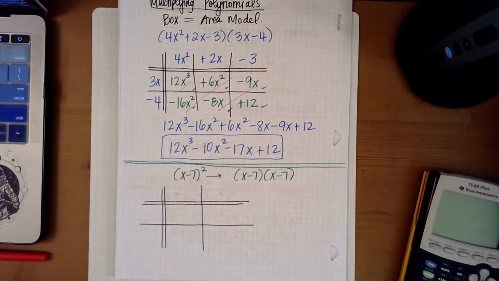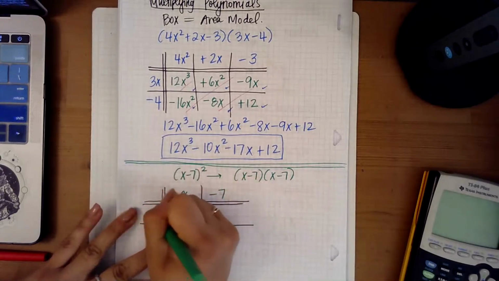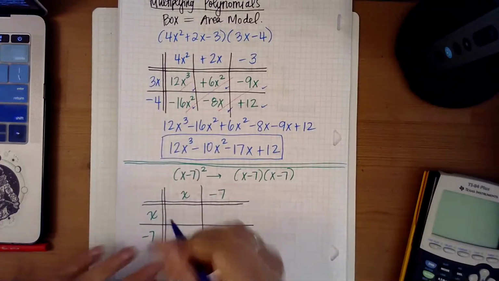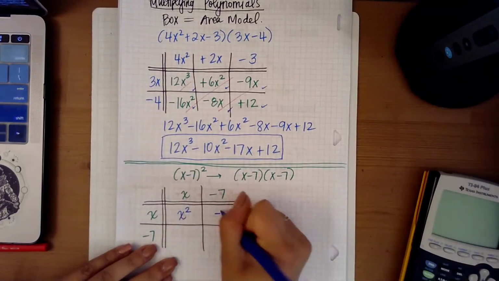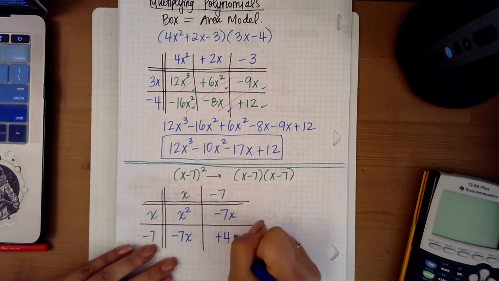Okay. So I now have x minus 7, x minus 7. And if I look at this, I get x squared minus 7x minus 7x plus 49.